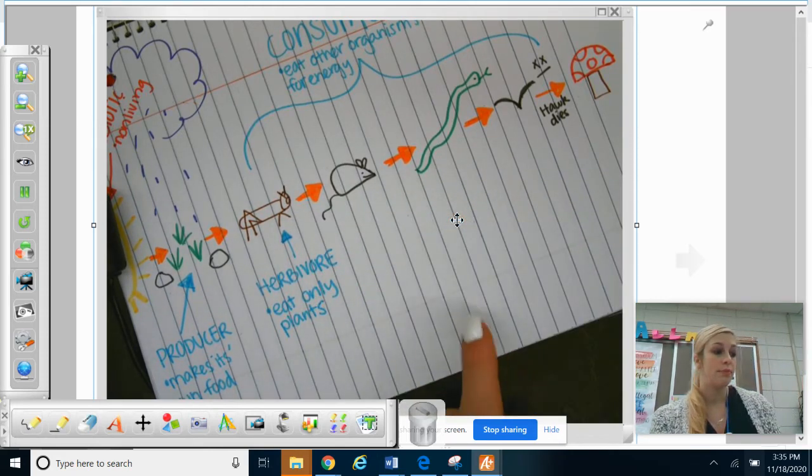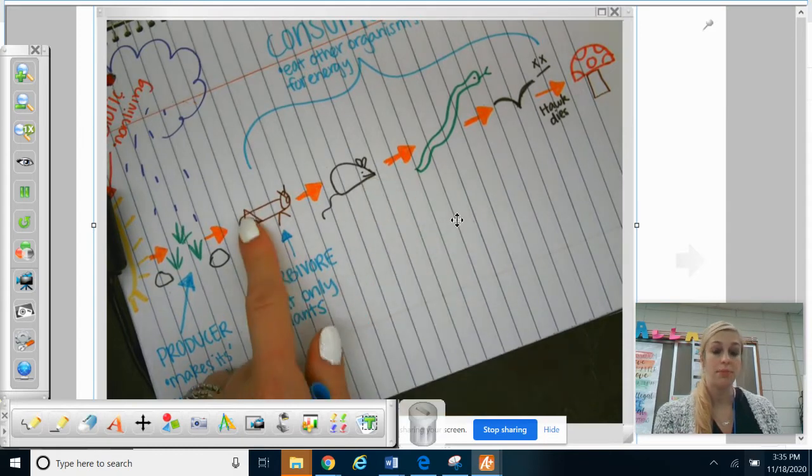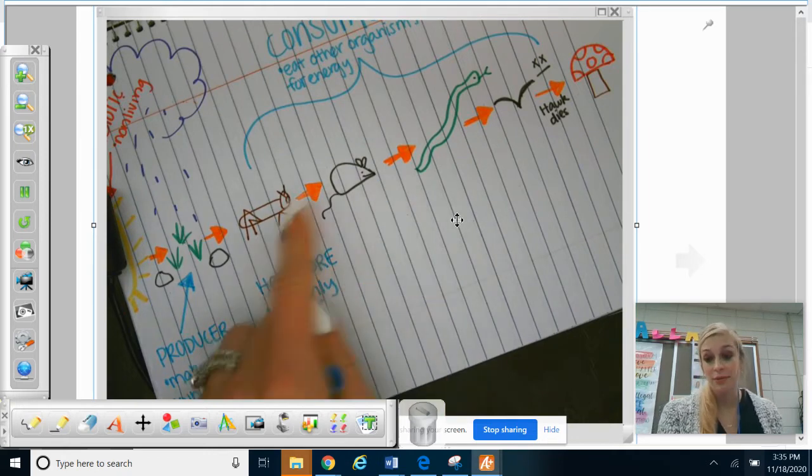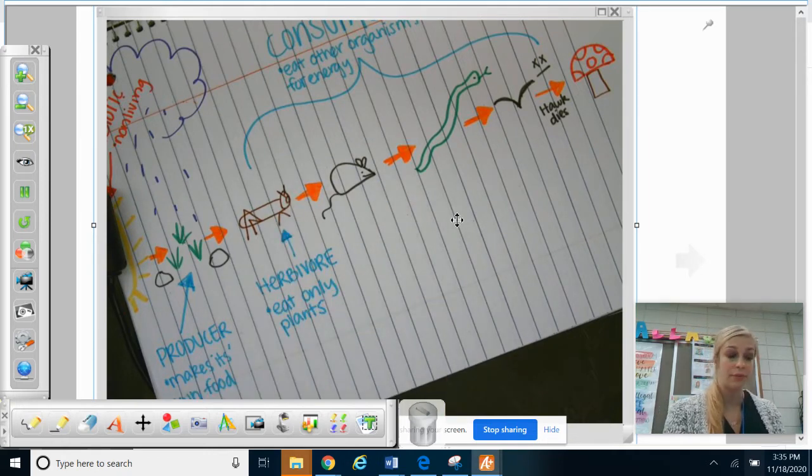Now, the mouse eats the grasshopper, but mice eat really anything they can find. Mice and rats, they eat a lot of things. So a mouse will eat a grasshopper, but it'll also eat different plants. So it eats animals and plants. It eats both.